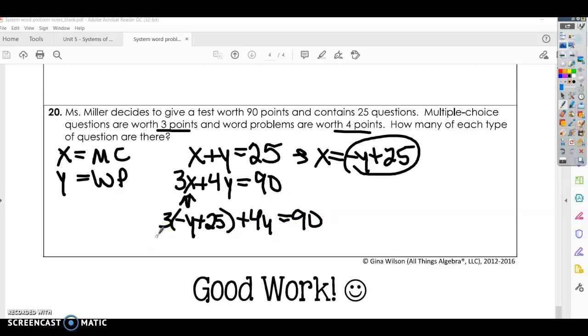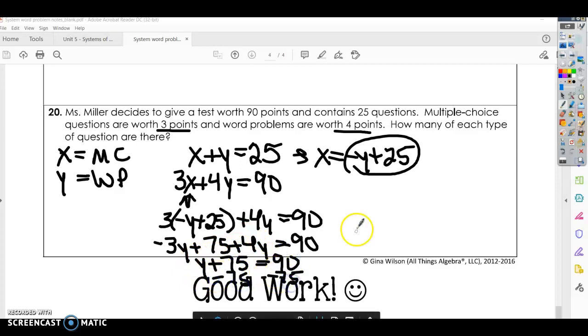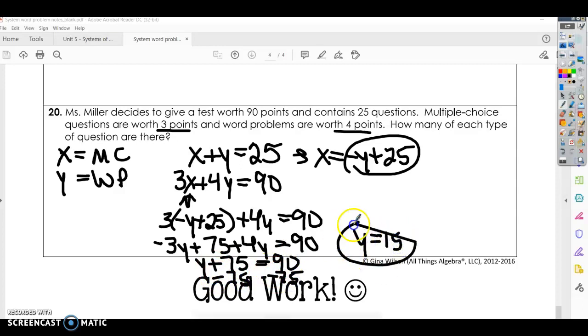I'm going to distribute, so I'm going to get negative 3Y plus 75 plus 4Y equals 90. Negative 3Y and 4Y give me Y. Now I subtract 75, Y equals 15.